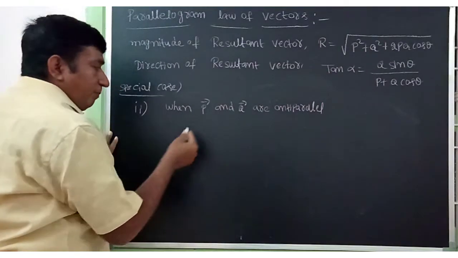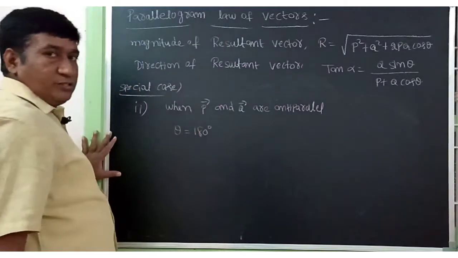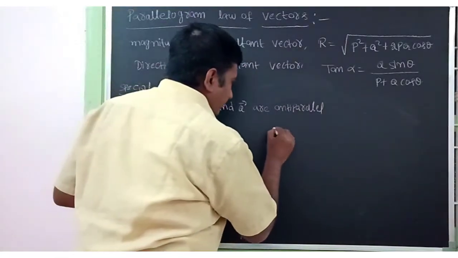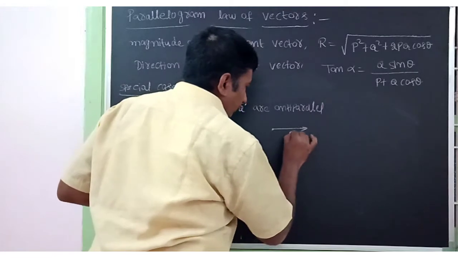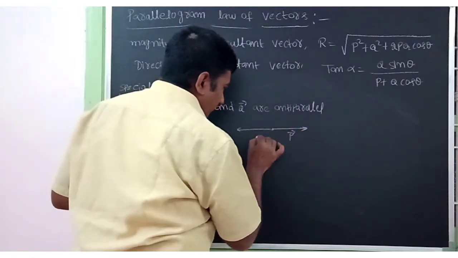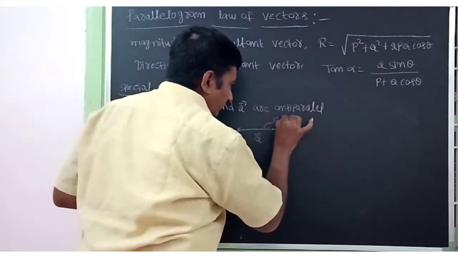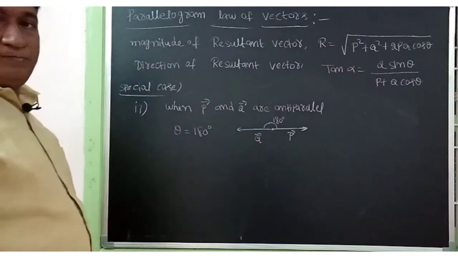Anti-parallel means theta is equal to 180 degrees. If this is a p vector and this is a q vector, the angle between them is 180 degrees.